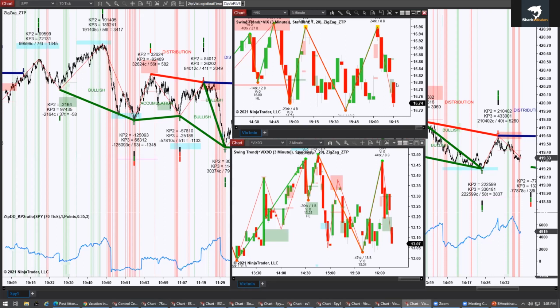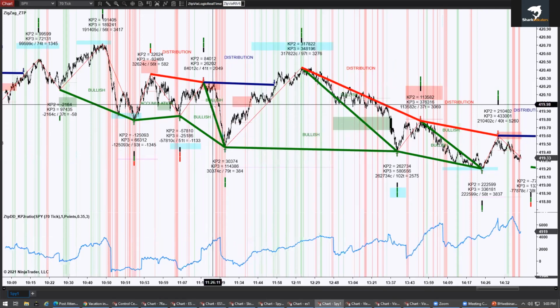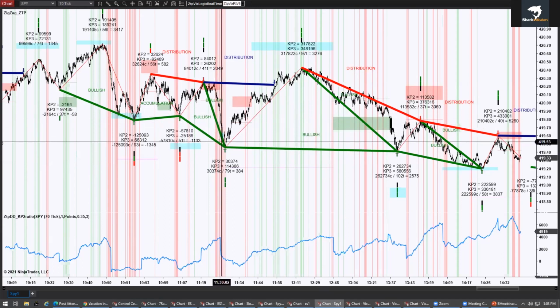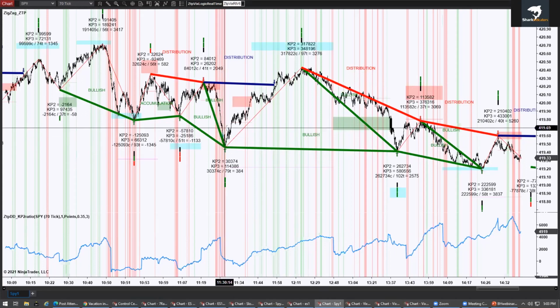Carlo asks, how predictive is the special divergence? Basically, Carlo, something can be special divergent, and just because they're buying on the way down doesn't mean that you want to be a buyer on the way down.